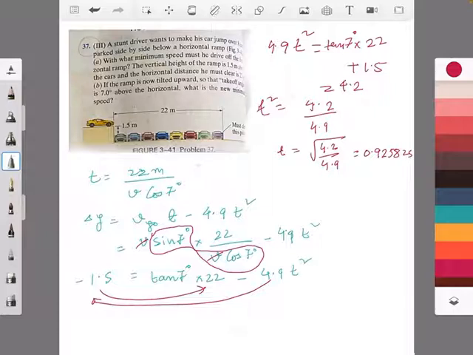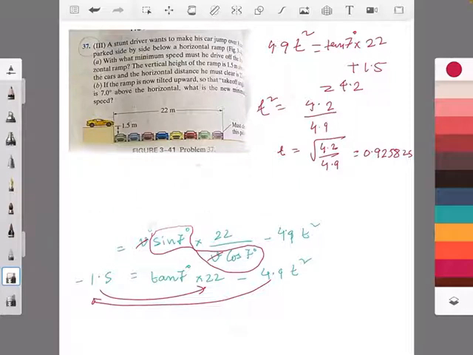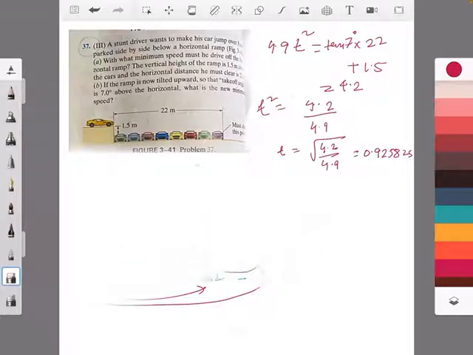Now after finding out the time, we will plug it back into the x equation and find out the velocity. So let's do that.